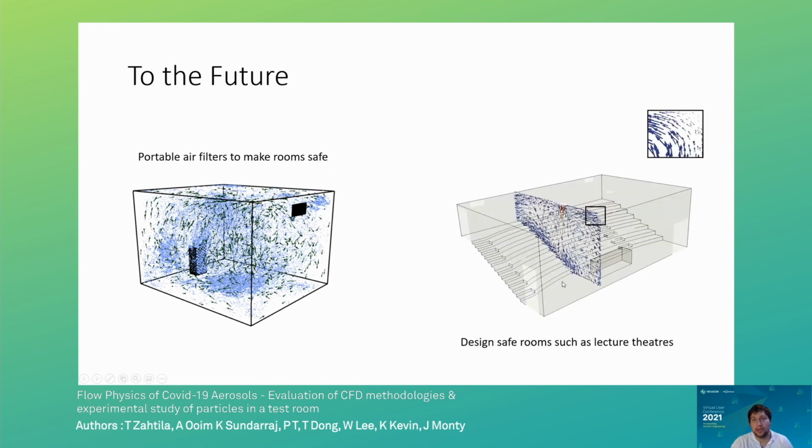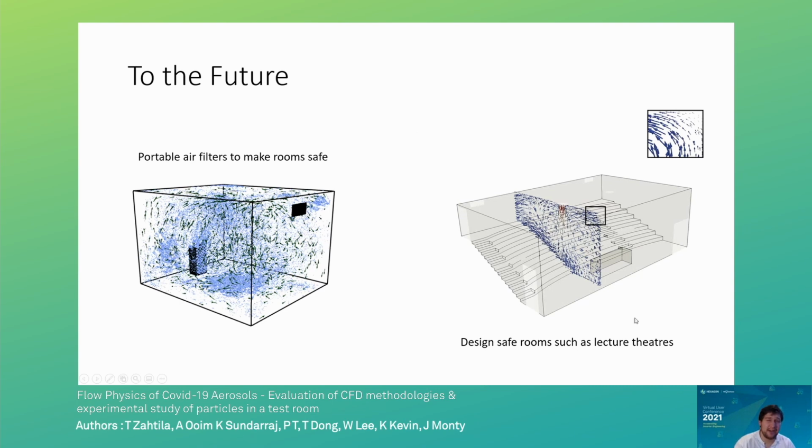We want to look at designing real-world rooms such as lecture theatres, and we want to be able, using the CFD, to inspect, say, the corner of the room and understand what's happening in that region, and answer questions such as where is it safest and what are safe distances for students to sit apart if they're attending a lecture. But the possibilities are quite wide in understanding, say, how many people can attend a shopping centre within an hour time frame.